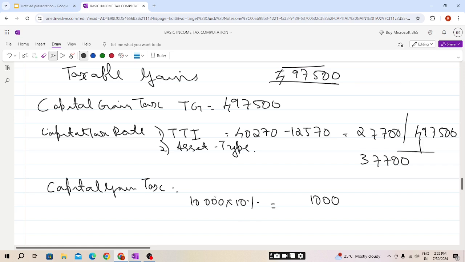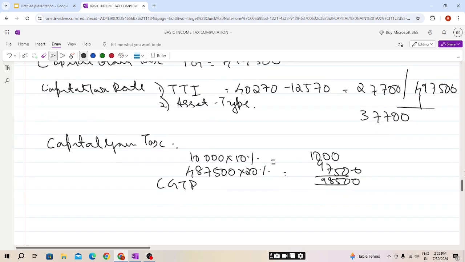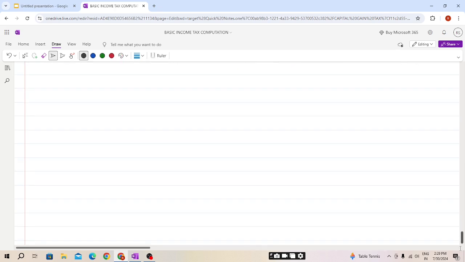Now the remaining, students, 487,500 into 20 percentage, 97,500. So this capital gains tax payable is 98,500. As no residential property, so no payment on account, so the capital gains tax payable is 98,500. I hope this is clear, students.